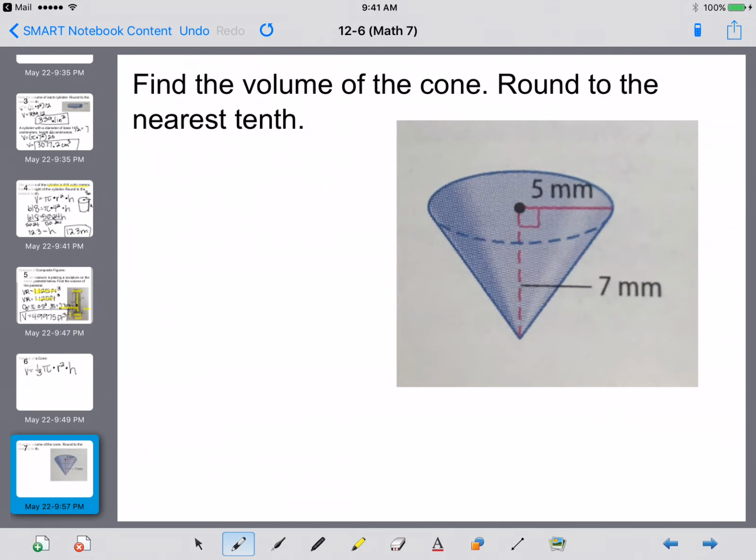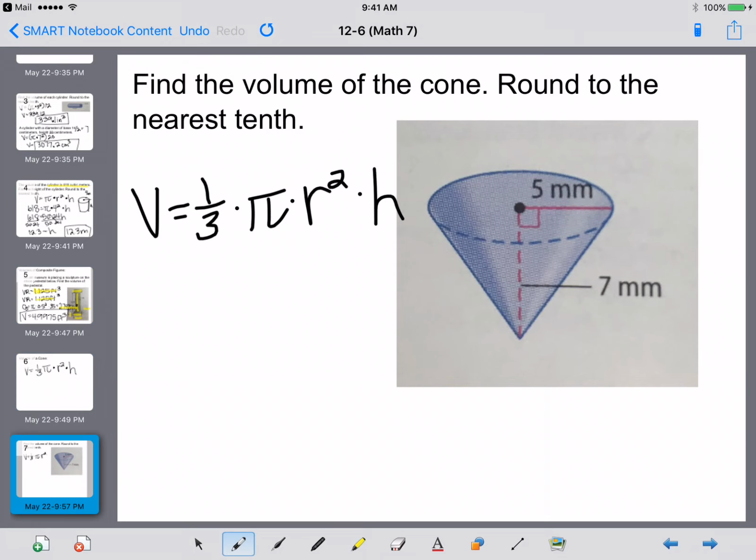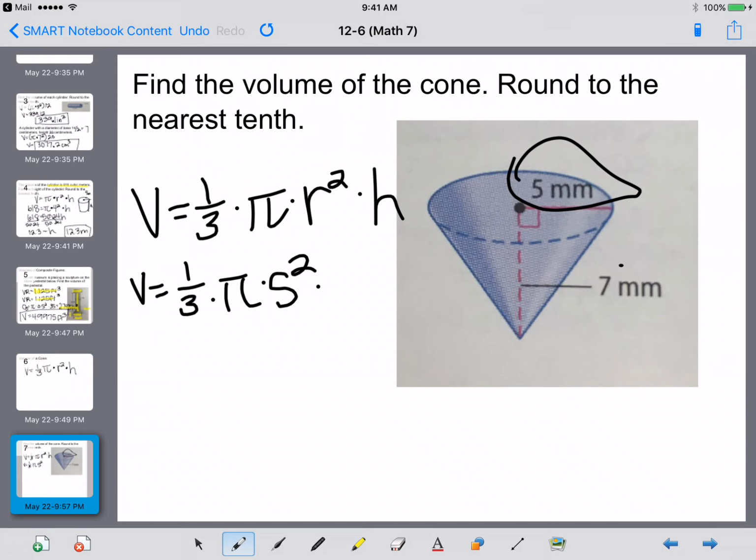So putting this into action here, we want to find the volume of the cone and round to the nearest tenth. So our equation is V equals 1/3 times pi times our radius squared times our height. So we're going to have 1/3 times pi times our radius here, which is 5, times our height of 7.